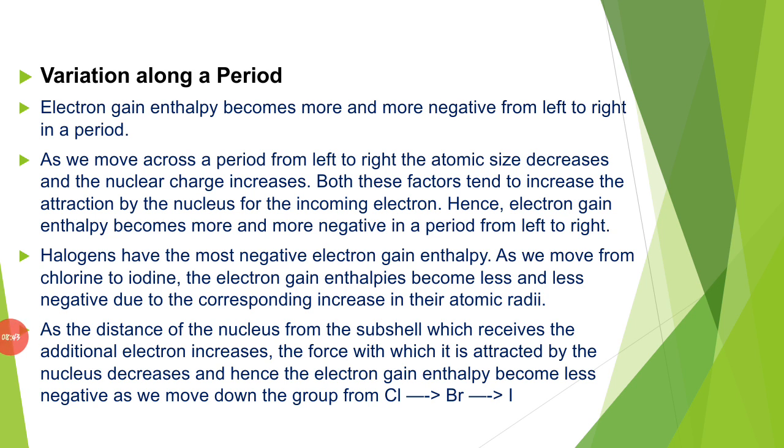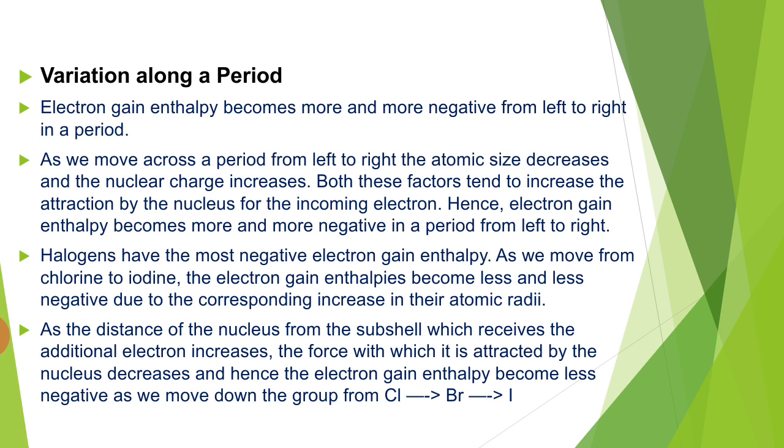Variation along a period. Electron gain enthalpy becomes more and more negative from left to right in a period. As we move across a period from left to right, the atomic size decreases and the nuclear charge increases.